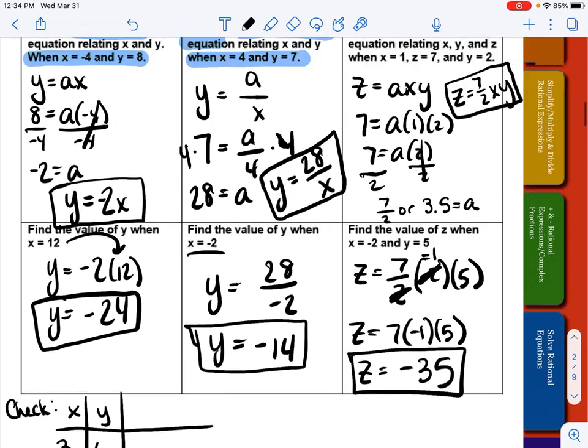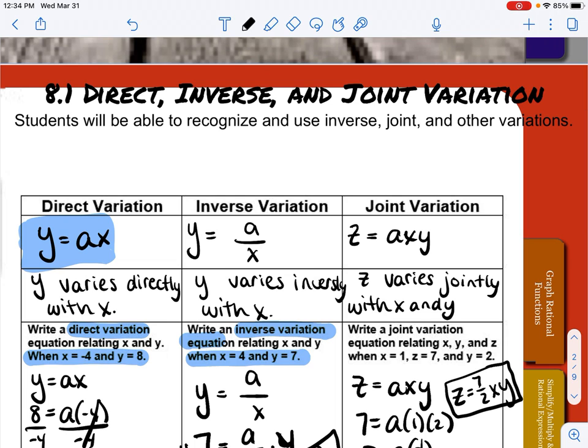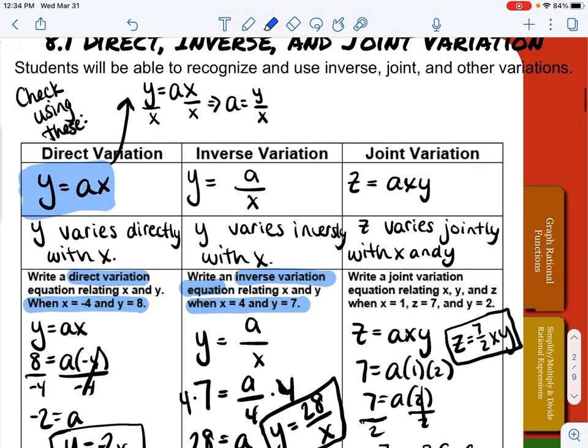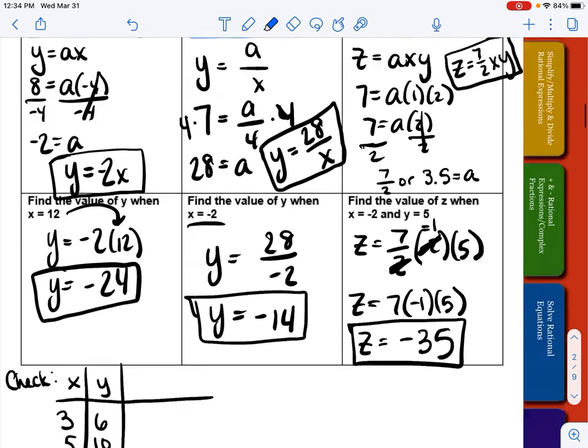To check to see if this is direct variation, you need to solve the direct variation equation for a. If a is the same for all of these, when you take y divided by x, then you know that it is direct variation.